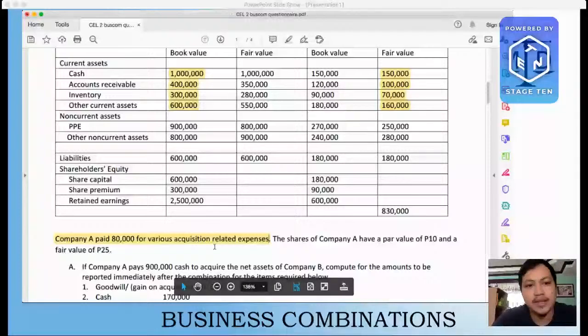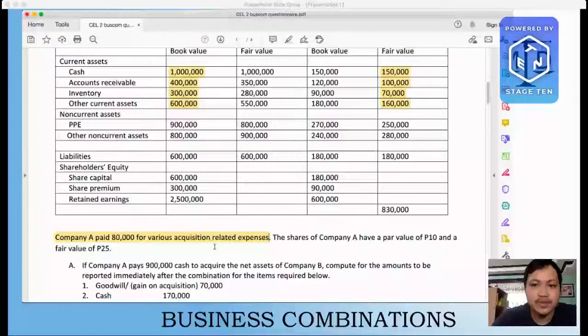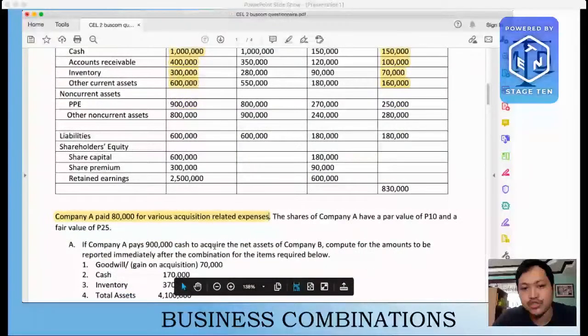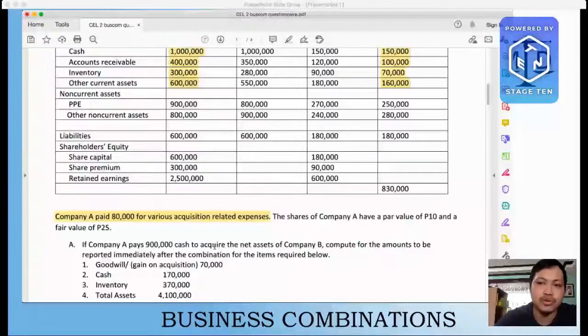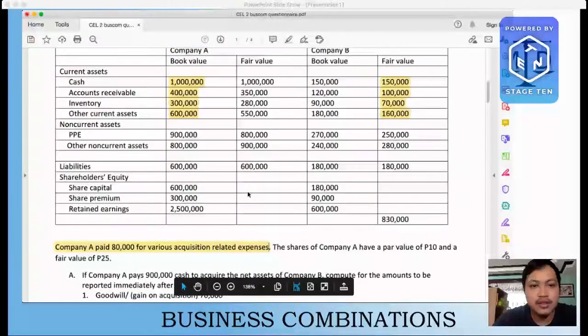Okay, so aside from paying 900,000 to the acquiree, it also had to pay 80,000 for professional fees and other costs related to the acquisition of company B. And these costs are paid in cash. Okay, so 1 million plus 150 minus the consideration of 900, and minus the acquisition-related costs in the amount of 80,000, you should get 170,000.